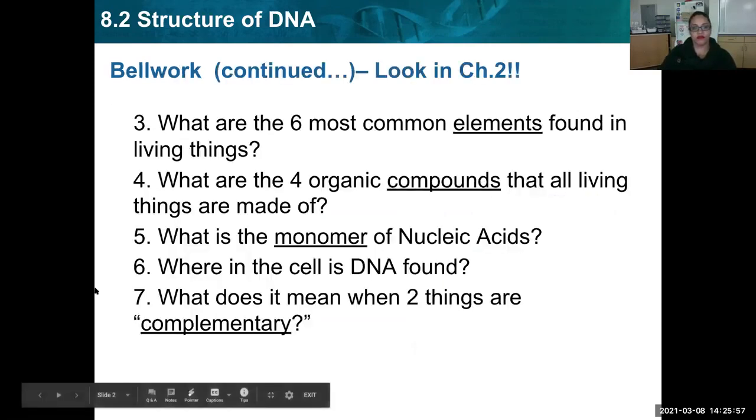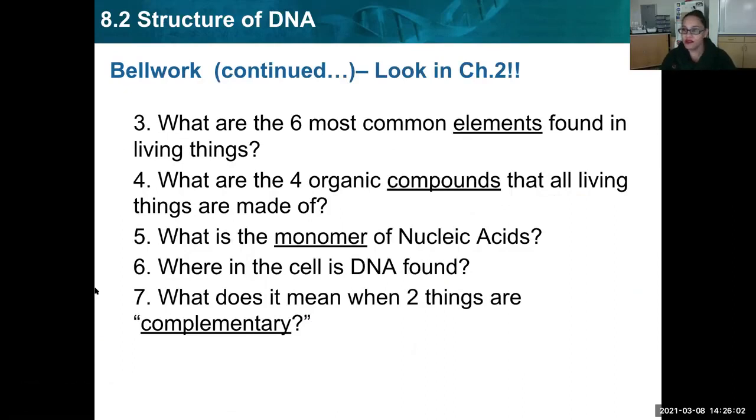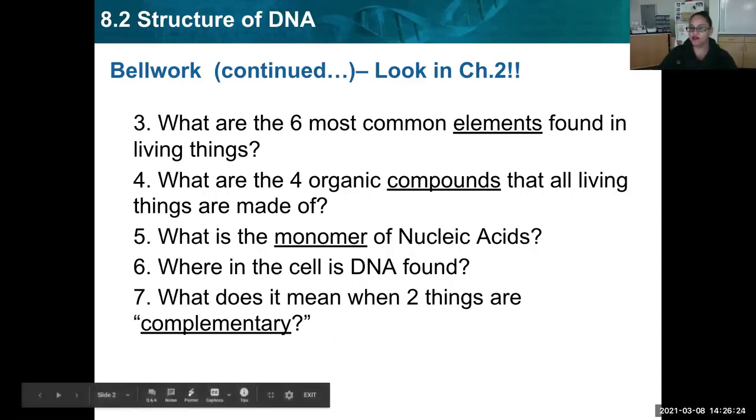All right. Next slide is still bell work because we still have a lot to review that we've already gone over in past chapters. Who remembers the 6 most common elements found in living things? This is from way back in chapter 2. We had an acronym for it, but remember the elements are all found on the periodic table and they're all abbreviated by letters.